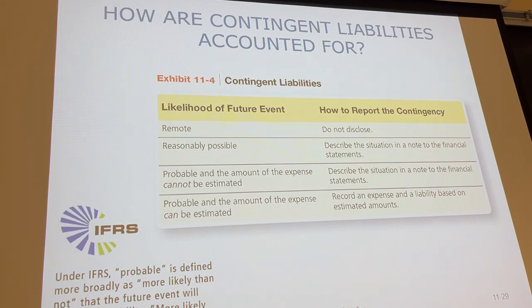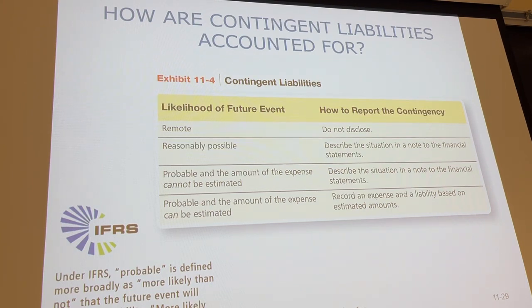If the likelihood of the future event occurring is remote, then the appropriate accounting for this is that we don't have to disclose the situation at all. A typical example of this, and these contingent liabilities, by the way, very often involve lawsuits or some type of litigation.